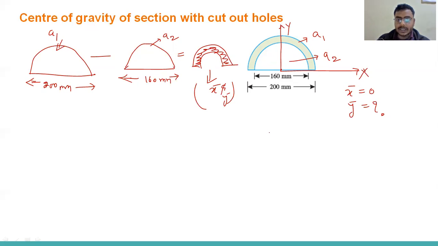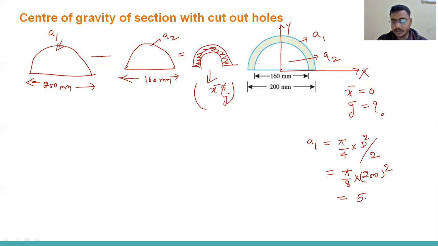So let's calculate A1, A2. A1 is the total area of the semicircle with the larger diameter. So we can write pi by 4 into d square, divided by 2, the area of a semicircle. So pi by 8 into, what is the d? 200. What we can get is A1, that is 5000 pi. Now, what will be the X1?